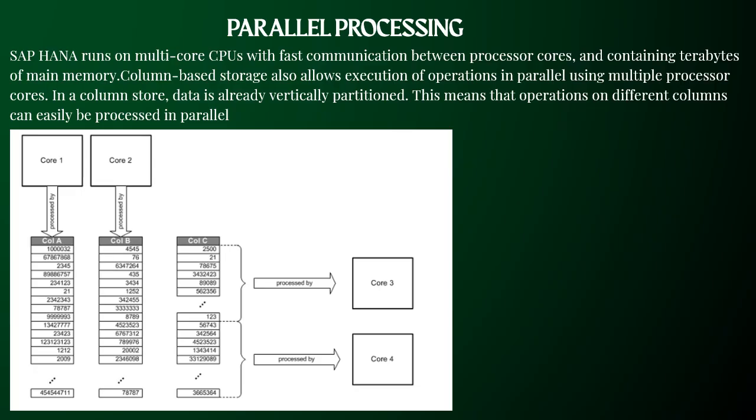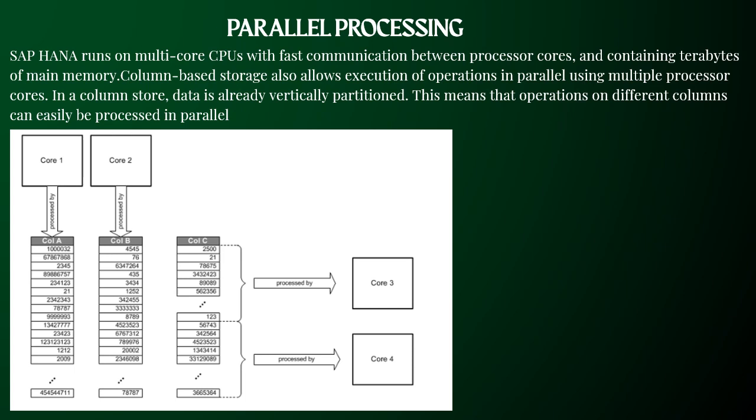Now, coming to the third topic, parallel processing. SAP S4 HANA runs on multi-core CPUs with fast communication between processor cores. If you see this example, the operations on different columns can be done using different cores. That is nothing but CPUs.